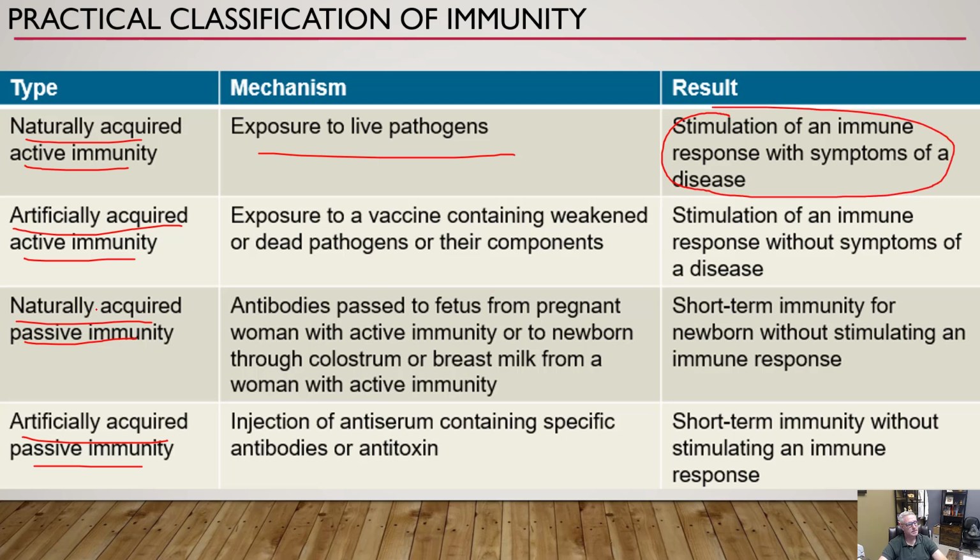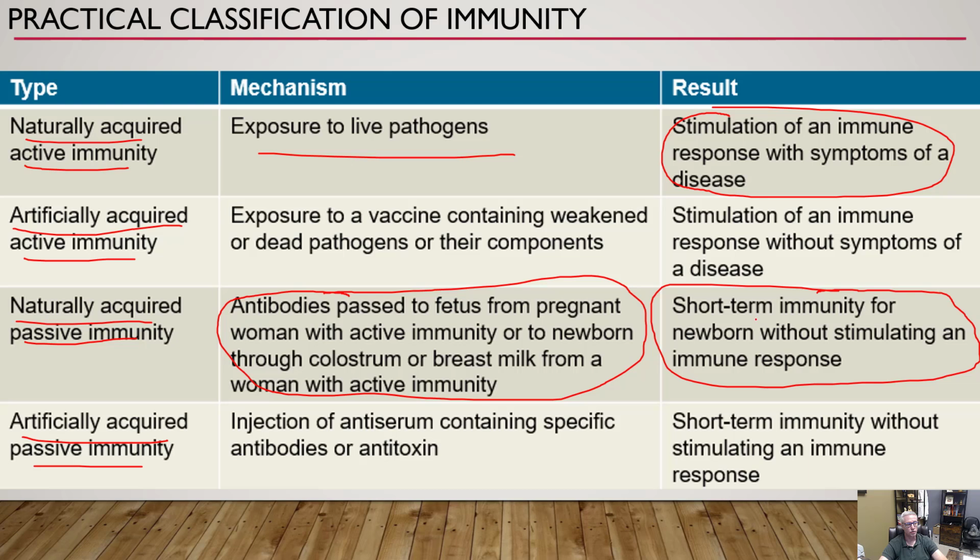Naturally acquired passive: let's say that I got those antibodies from mom's breast milk, and they are going to provide short-term immunity.